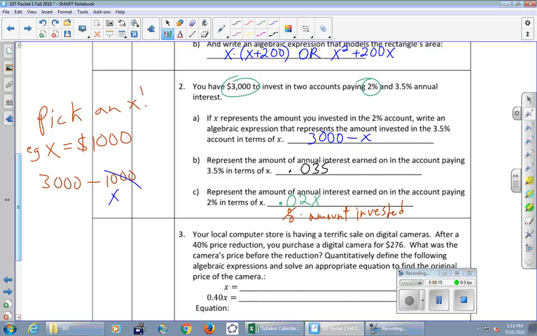Now the amount invested is somewhere on this paper. What represents the amount invested at 3.5% is the answer to B, right? It's that 3,000 minus X. That's it. It's still the same formula, percent times amount. It's just that the thing representing the amount is more complicated than plain old X. It is now 3,000 minus X.